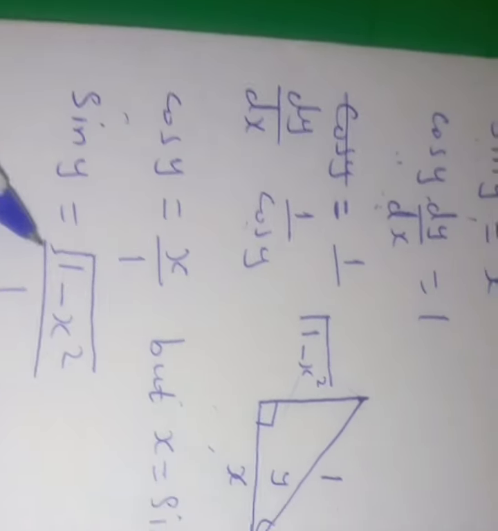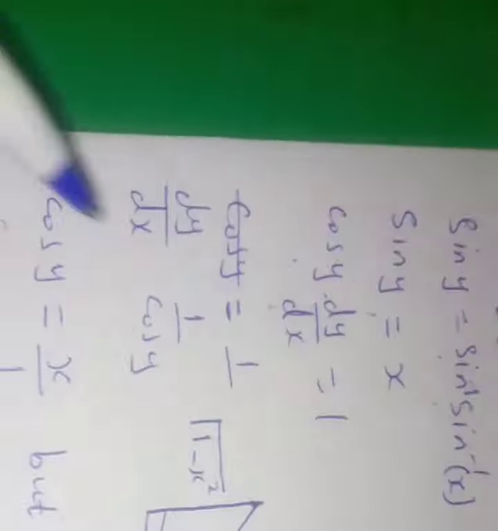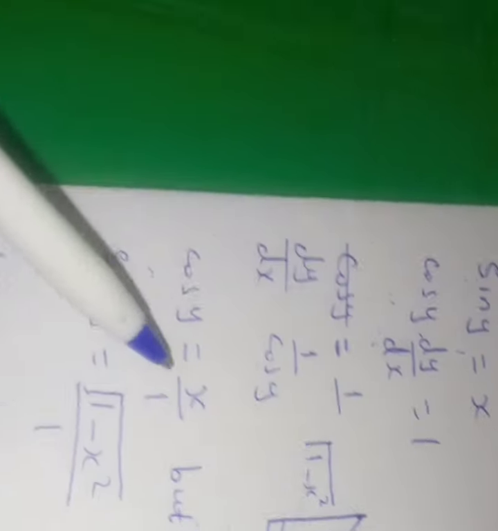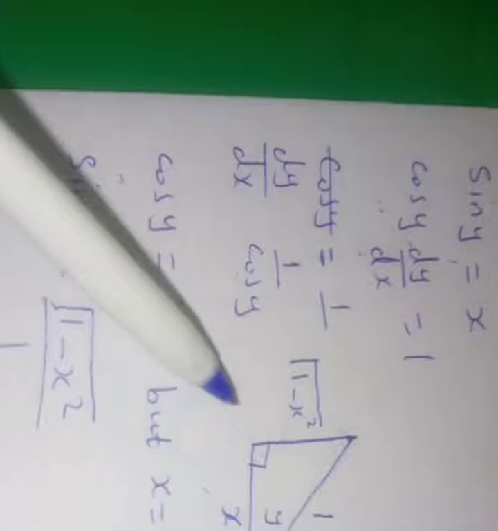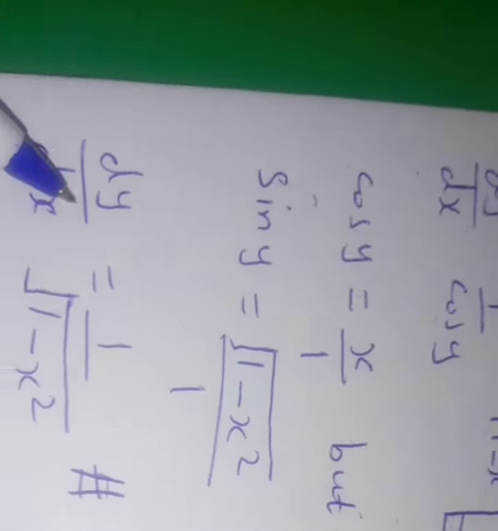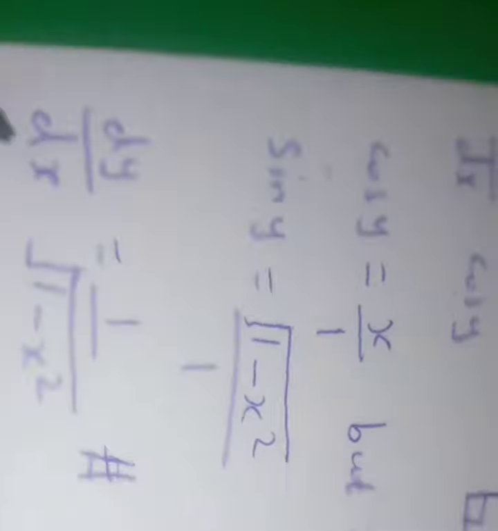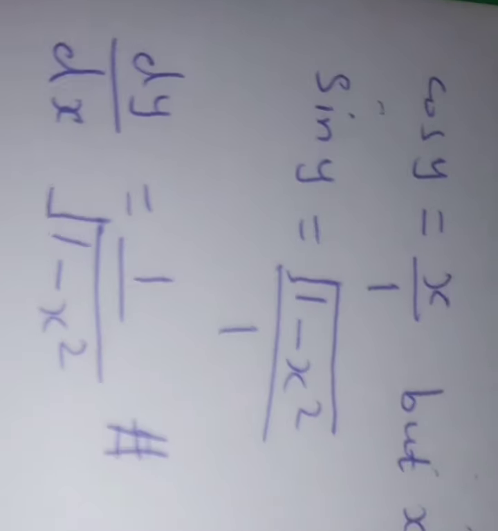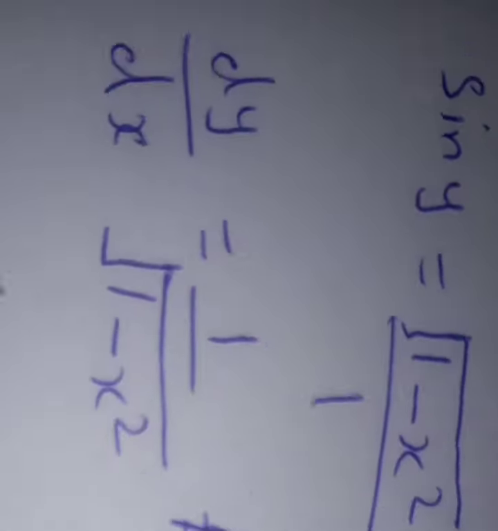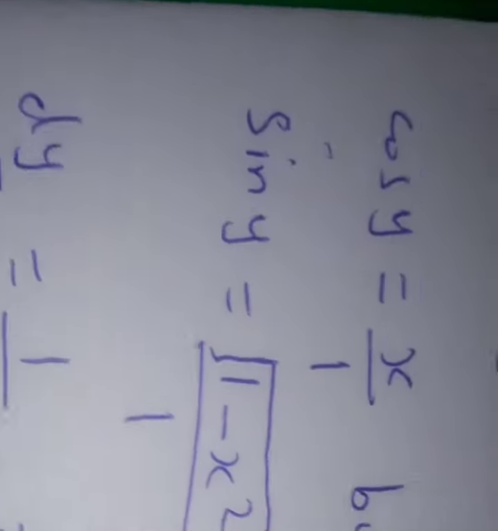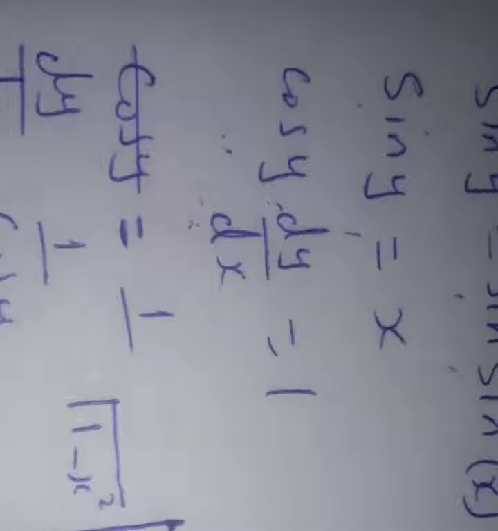So substituting here, dy over dx is equal to 1 over cos y, and knowing that cos y is equal to the square root of 1 minus x squared from this diagram, we are going to get dy over dx is equal to 1 over the square root of 1 minus x squared, and that is the derivative of y is equal to sine inverse of x.